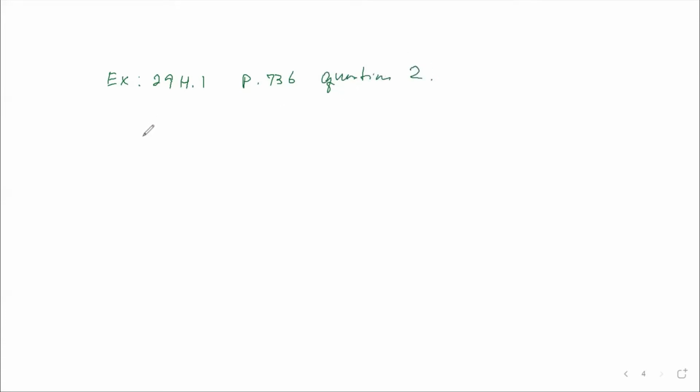I will explain question 2A and then the rest use the same idea. Question 2A on page 736. They say if Z has a standard normal distribution, by using technology, but you don't need to use technology. You use the way I give to you, by looking at the table.